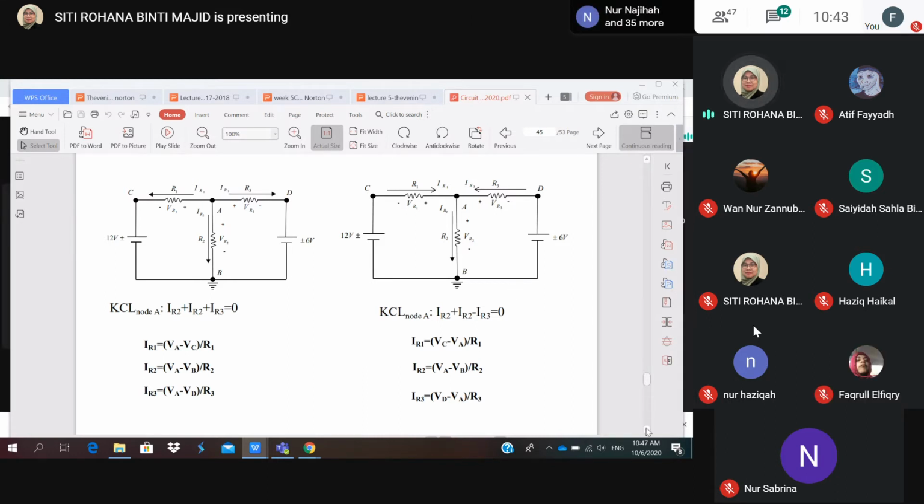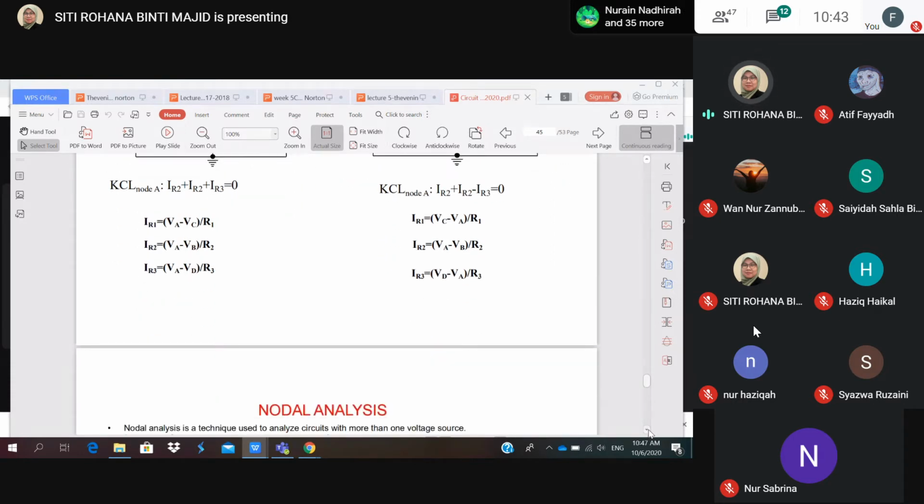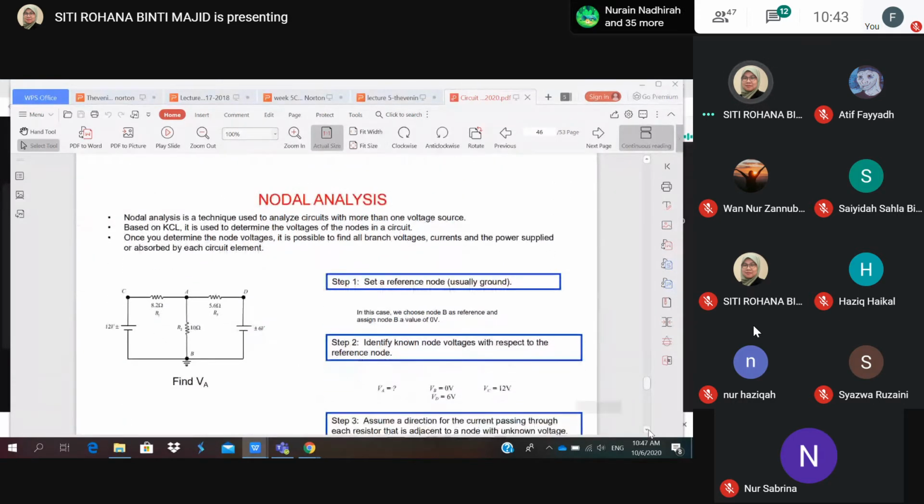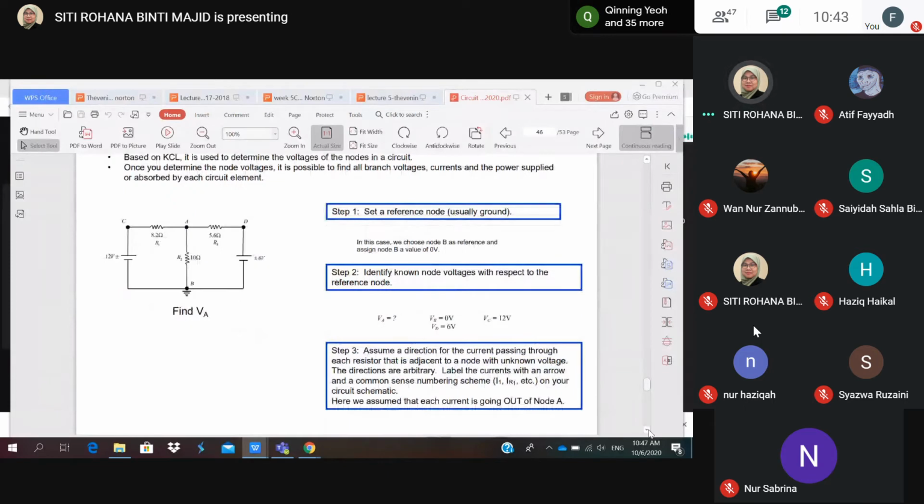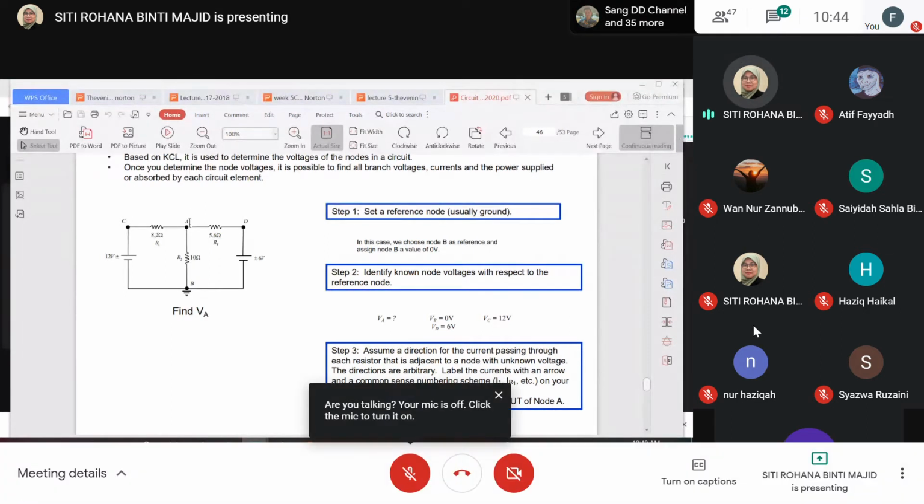Okay, so next I move to the method of how to do nodal analysis. Let's say we want to calculate the voltage at point A. Normally we set a ground, which is voltage equal to 0, and then we identify the node voltages with respect to the reference node.